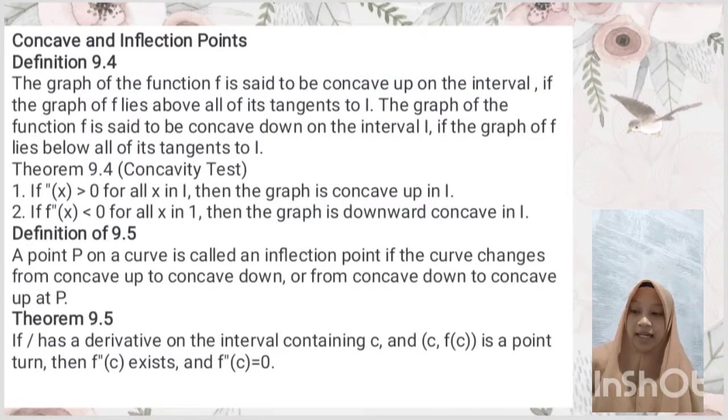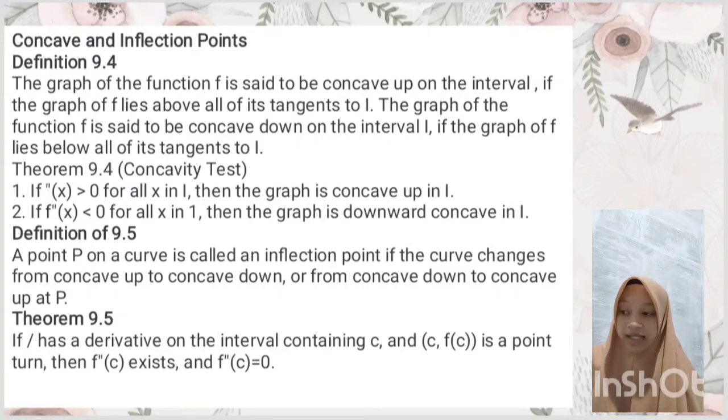Concave and inflection points. Definition 9.4. The graph of the function f is said to be concave up on the interval I if the graph of f lies above all of its tangents on I. The graph of the function f is said to be concave down on the interval I if the graph of f lies below all of its tangents on I. Theorem 9.4.